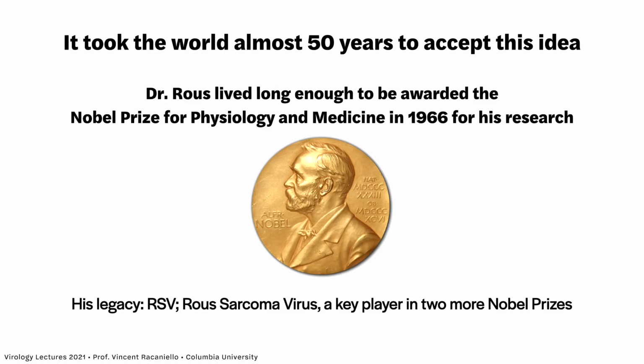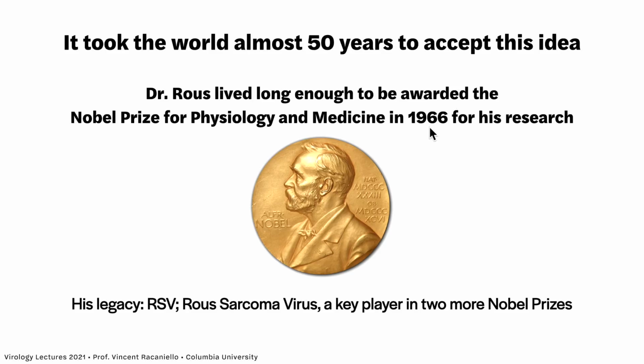Nobody believed him for 50 years, basically. Well, a little bit less. He got the Nobel Prize in 1966, and I've already told you this is the longest incubation period ever for a Nobel Prize. He discovered a virus called Rous sarcoma virus. It's named after him. Not only did he get this Nobel Prize for it, people finally came around to understanding. In fact, he left the field after a while.